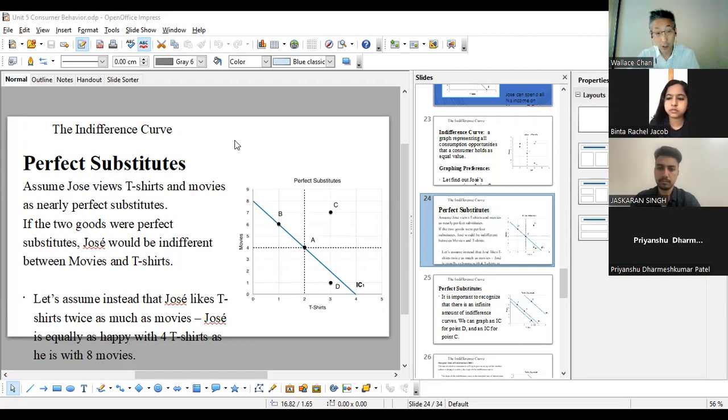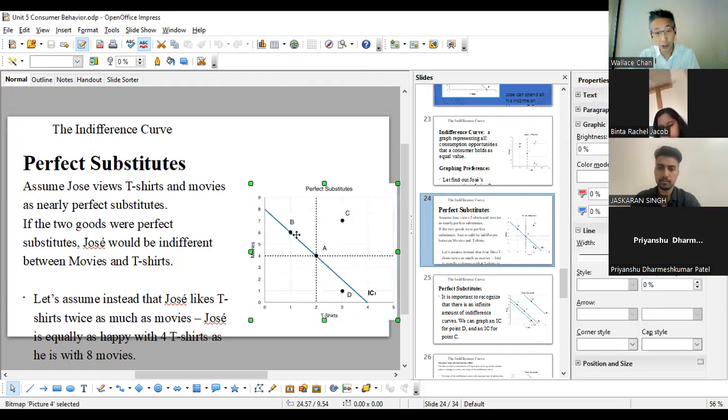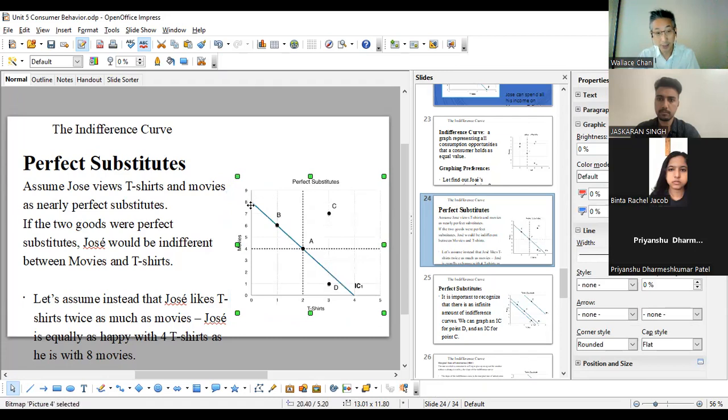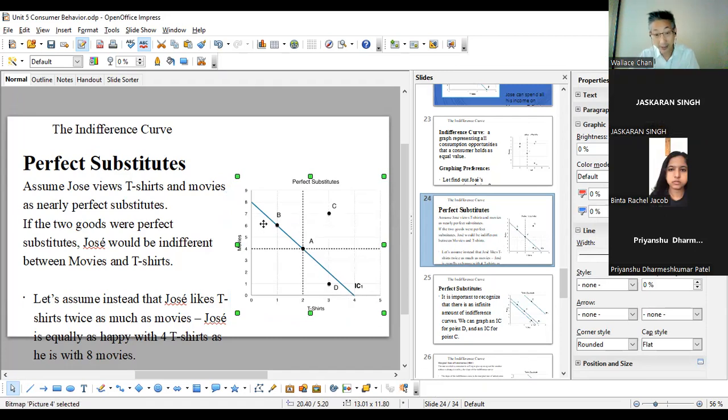Okay, so you have got all the different combinations of t-shirts and movies, but as long as those combinations are on this particular straight line, to Jose, it is indifferent.